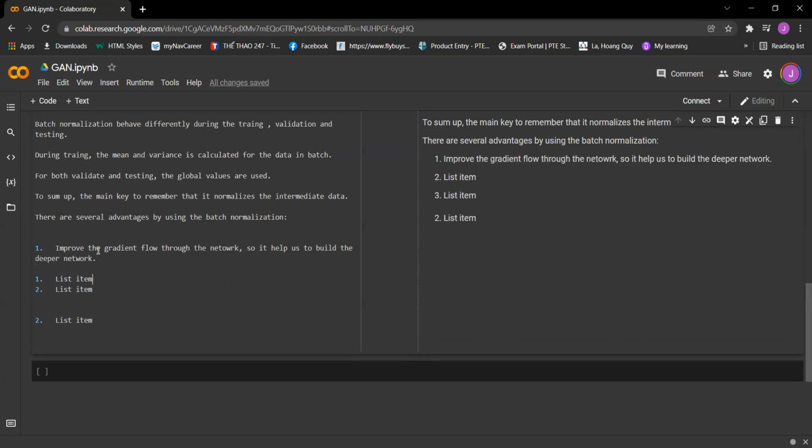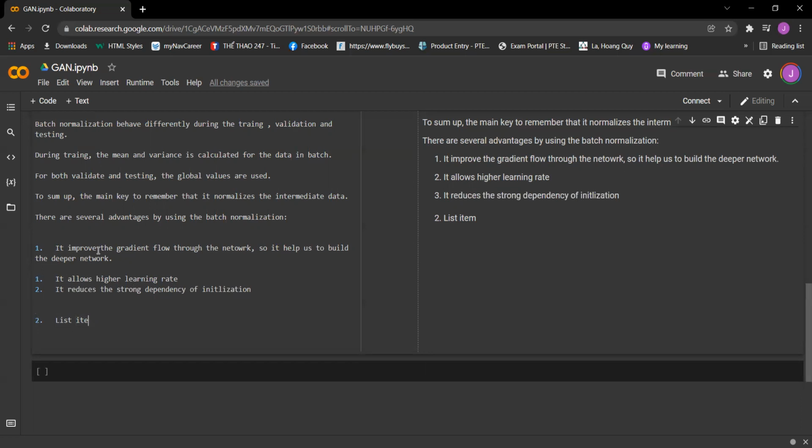The second advantage is it allows a higher learning rate. The third one is it reduces the strong dependency on initialization.